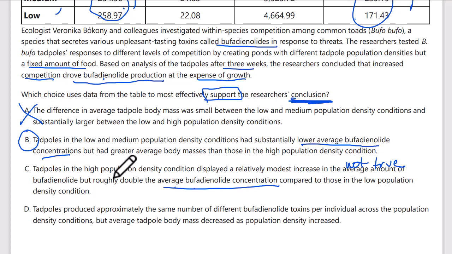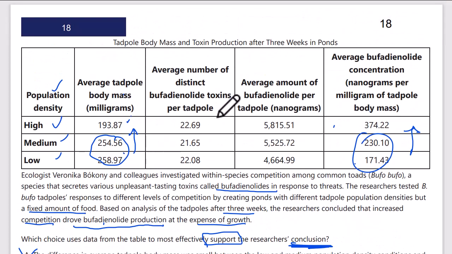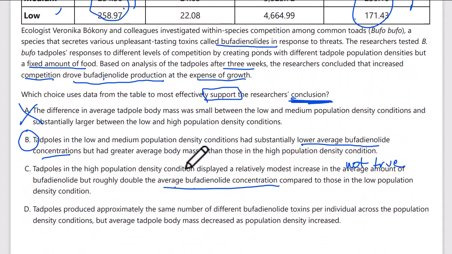Oh, wait, so that actually says modest average amount of bufadienolide. Okay, we're talking about average amount. So maybe it is true. Actually, I was looking at the wrong column. The amount of bufadienolide column is this column. But again, that's not going to be relevant. So this might be true, but I don't think this one's relevant.